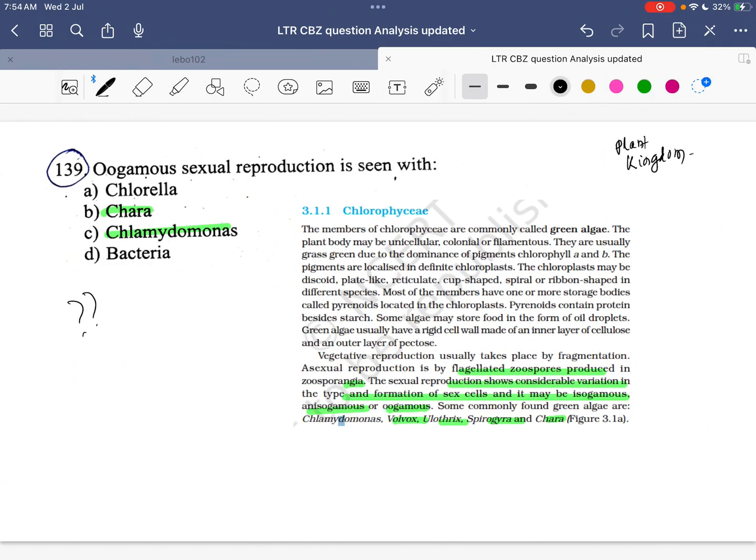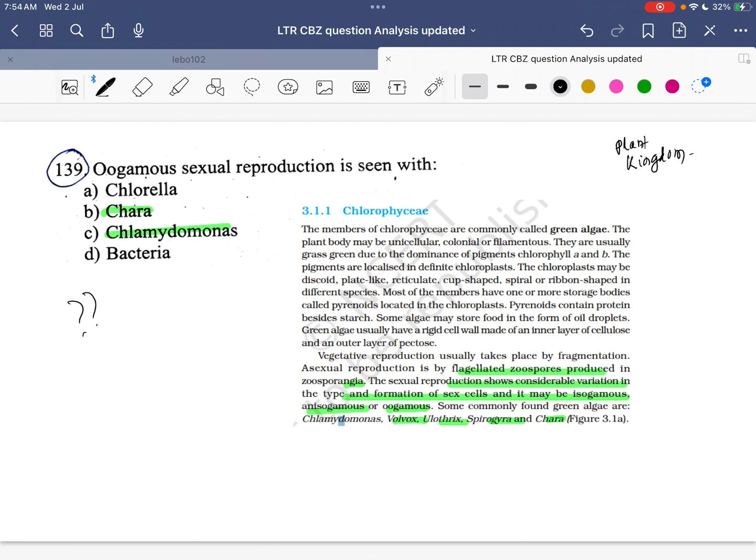What is OSSC doing, really. Oogamous sexual reproduction is seen in... Again here, if you go through the chlorophyceae chapter on algae, in that chapter it is written that types of reproduction are isogamous, anisogamous or oogamous.